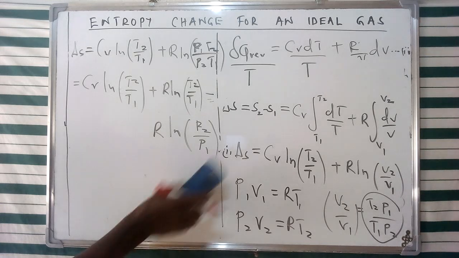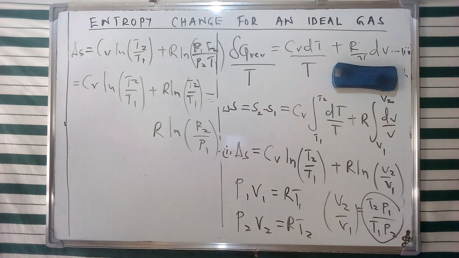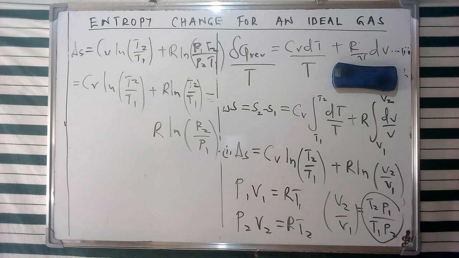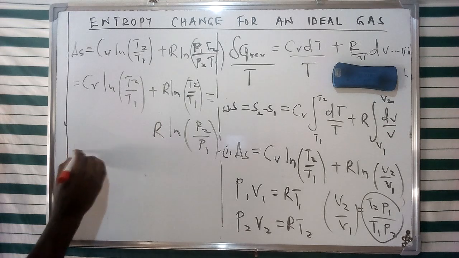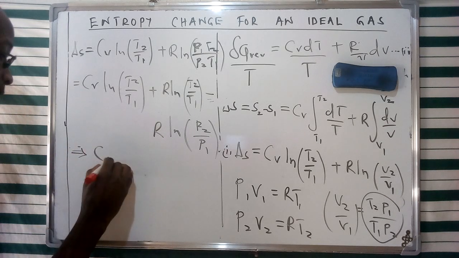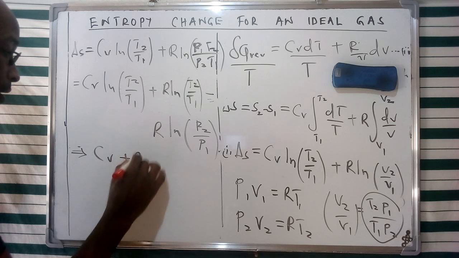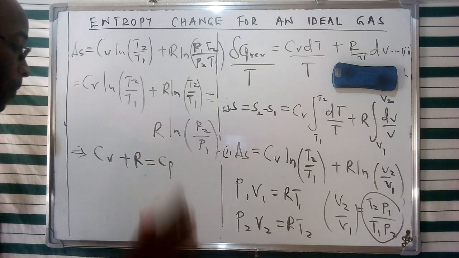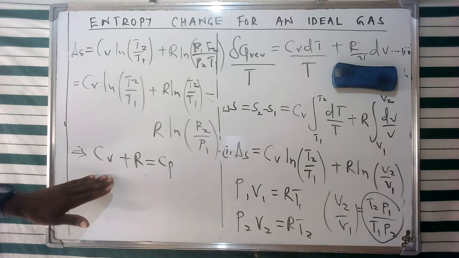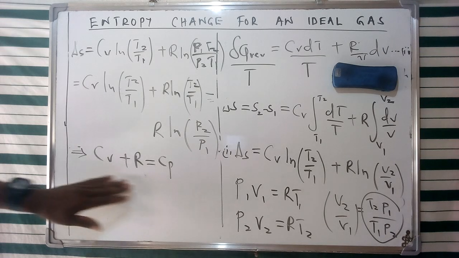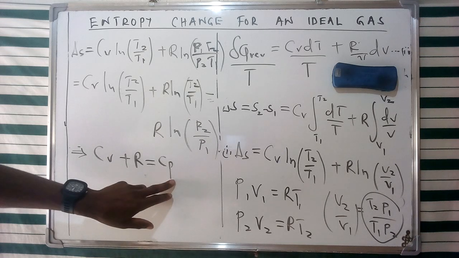Now we had said, from the discussion of the molar heat capacity, that the molar heat capacity at constant volume and at constant pressure are related, whereby CV plus R equals CP.